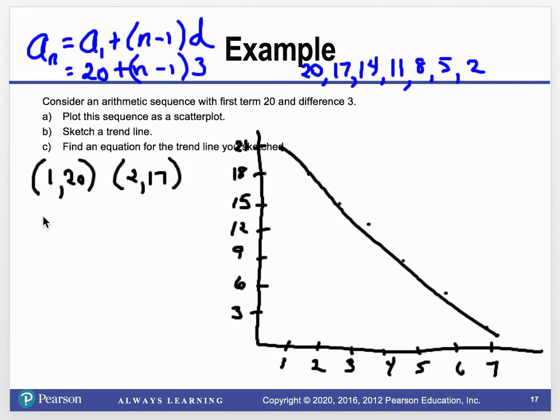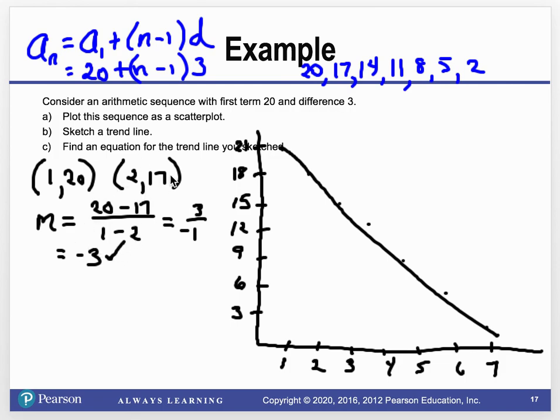And if I'm trying to find the slope between these 2 points, subtract my y's, subtract my x's, and voila, we get -3, which, oh yeah, is simply because this was an arithmetic sequence with a difference of 3. I should have known that.